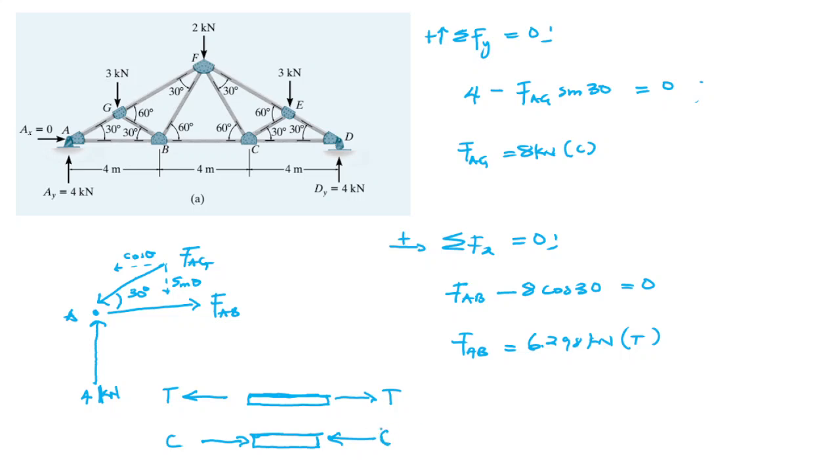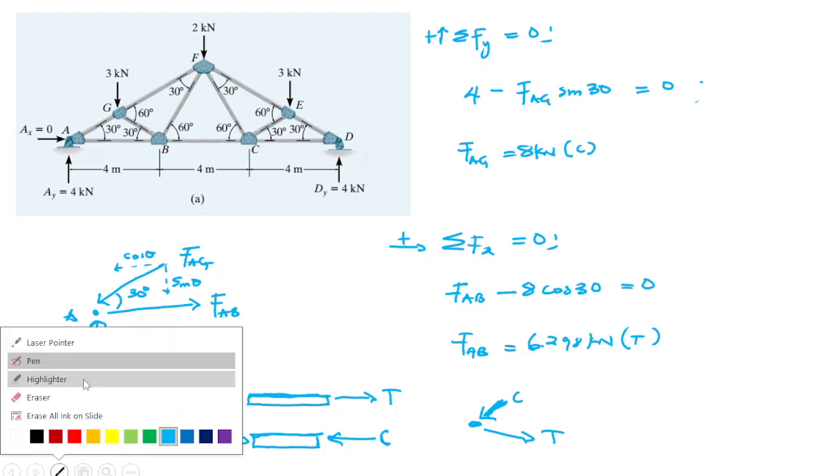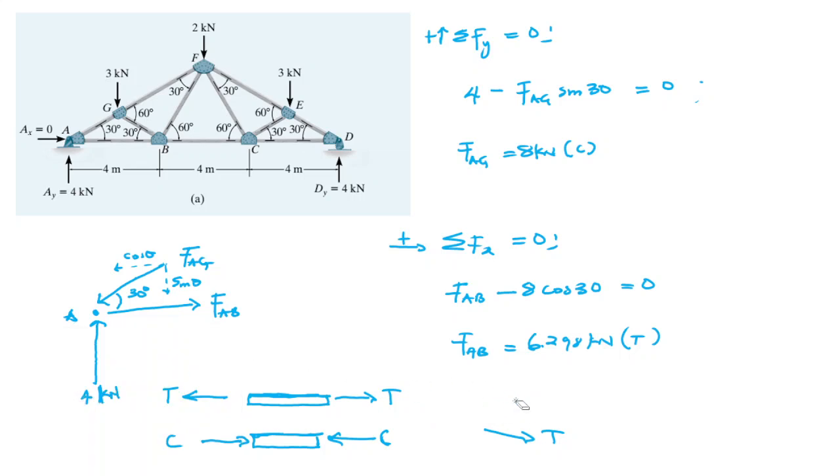So whatever is coming into the joint is compression. If it's leaving the joint, it is tension. That's what we simply mean. I hope you remember that point. So I will erase that and we look at the next joint.